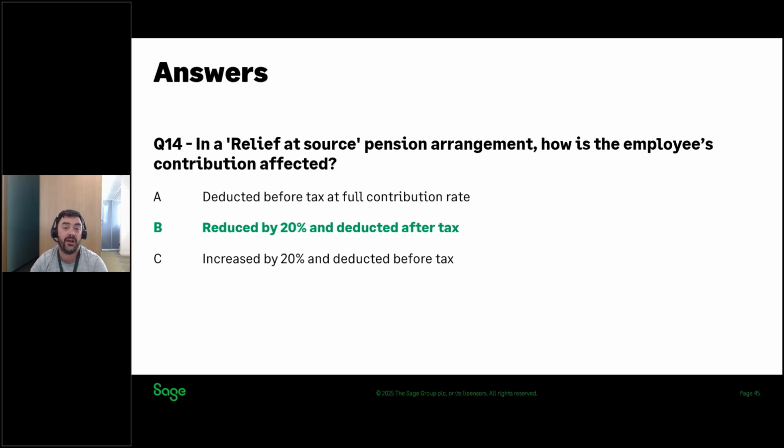So that's the reason why the contribution is adjusted, because the tax relief is being claimed back from HMRC. So answer A, where it's deducted before tax at the full contribution rate, is for pension schemes that use the net pay tax relief arrangement, which can sound somewhat confusing terminology, but B was the correct answer there.